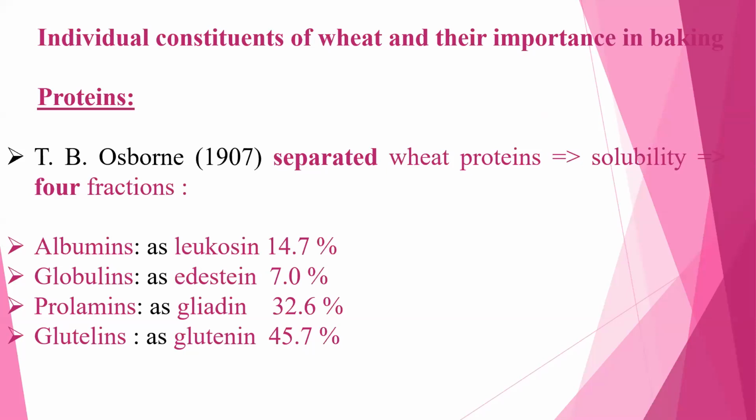The albumin portion of wheat is known as leucosin, and it makes up 14.7% of the total wheat protein, whereas the globulin portion, known as edestin, makes up only 7% of the total wheat protein. Prolamins are known as gliadin in wheat, which makes up 32.6%, and glutelins, known as glutenin in wheat, make up 45.7%. Both gliadin and glutenin play an important role in baking. We will talk in detail.